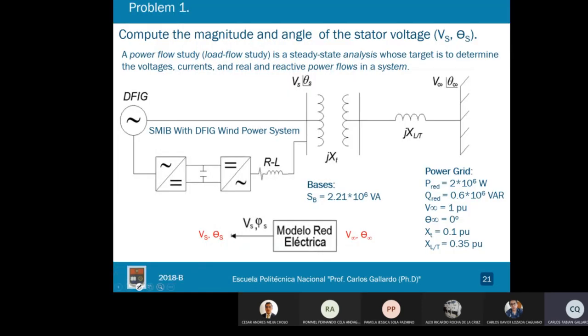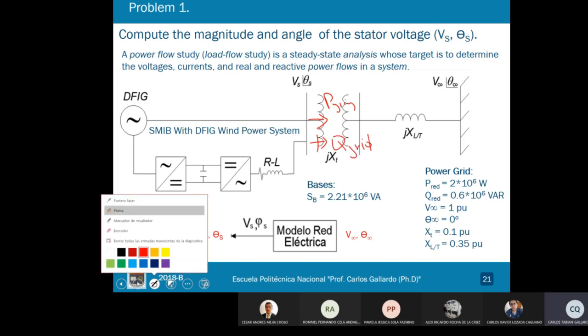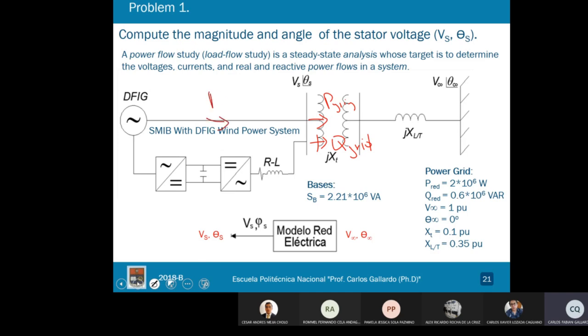The next equations come from the power balance. For instance, I will have here the active power grid and the reactive power grid, the stator active power and the stator reactive power, and finally the rotor active power and the rotor reactive power.